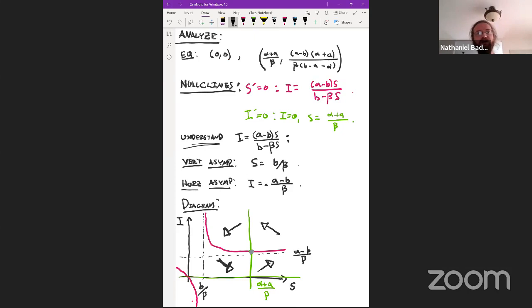Okay, so this certainly looks like we've got some kind of focus going on here. It's possible that it's a node. It's possible it's a node that we fall into.